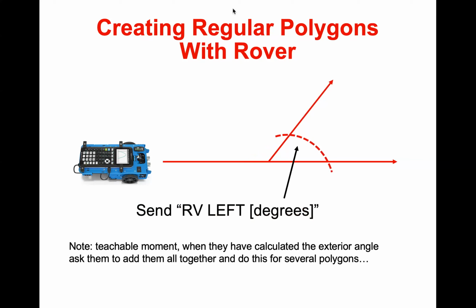So if they put in 60 and they do that 3 times, they have a shape that just does not connect to where they started. It's a great opportunity for the students to make a mistake, and inevitably they pretty much all make that mistake the first time around. And it's amazing how the students don't look to you and say, what do I need to do?